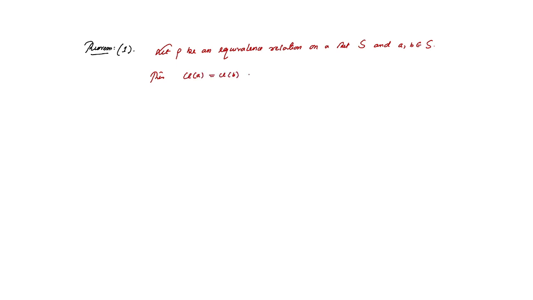The theorem says: let rho be an equivalence relation on a set S and A, B belong to S. Then class of A equals class of B implies A is related to B, and the converse is also true.